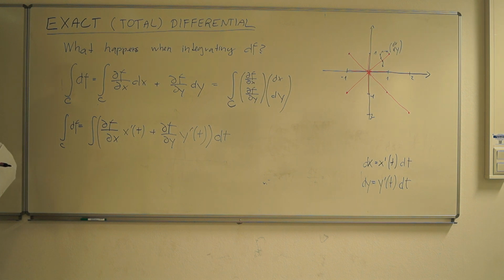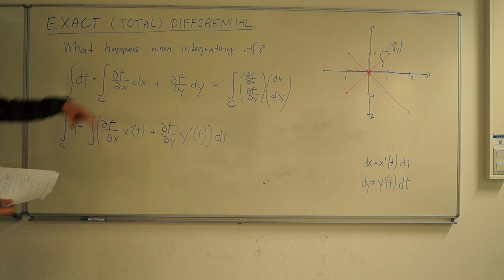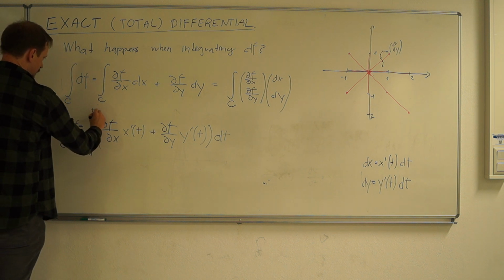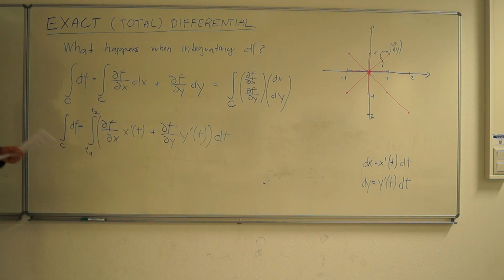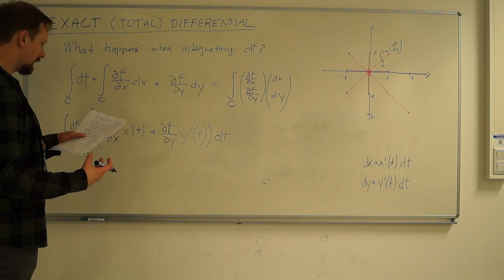But now I already know what to put here. It's just the t's that correspond to the starting and to the final point of the curve, let it be t1 and t2. So this is also called a curve integral.